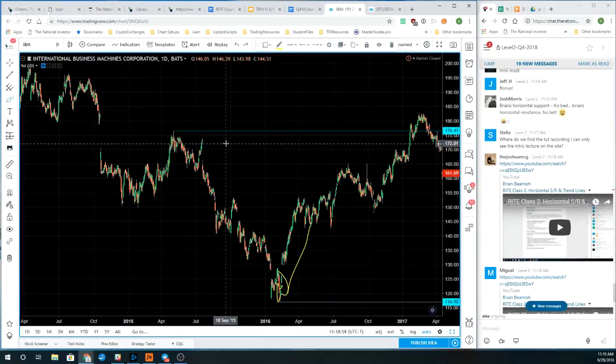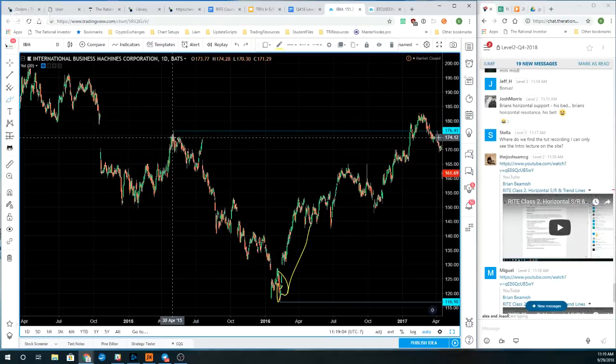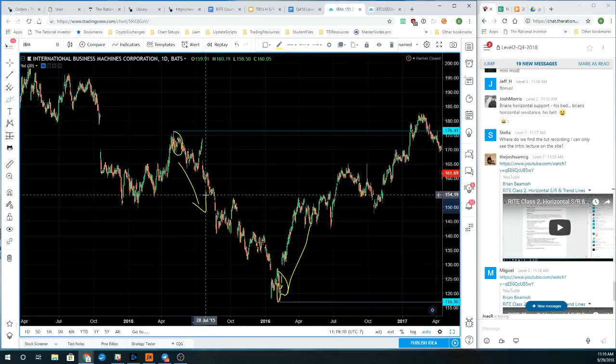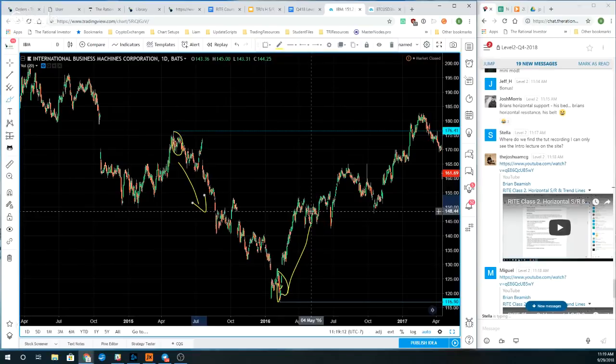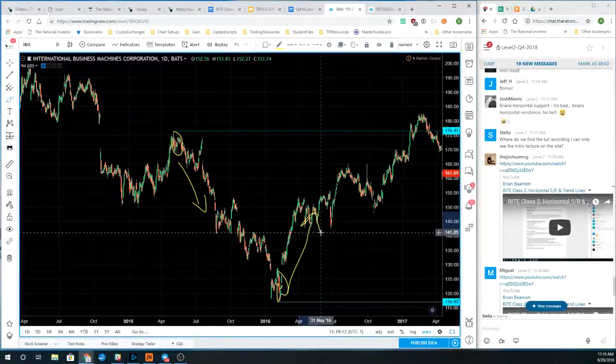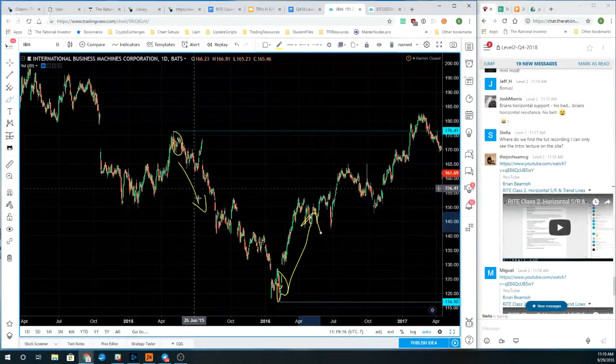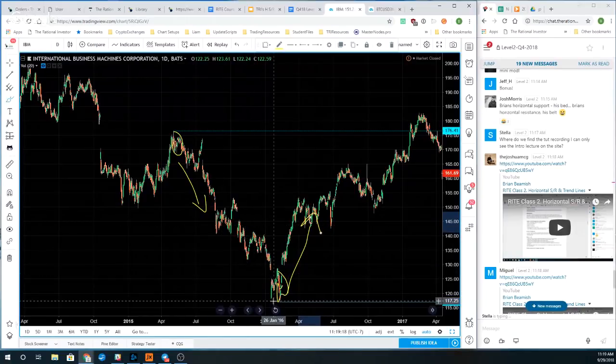And conversely, if I'm thinking that this thing's going to go down, I want to try and identify the highest point here, and I'm going to be selling here and looking for the market to go down. That's basically a speculator's life. If we're shorting, we want to see the market move away from where we shorted. And if we're buying, we want to see the market lift from where we were buying.